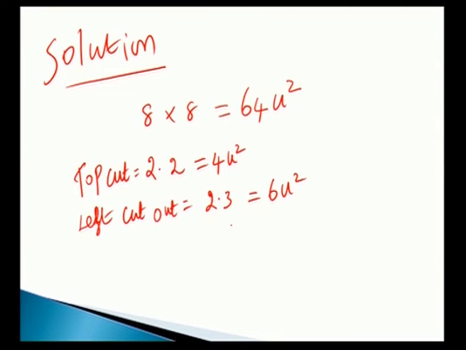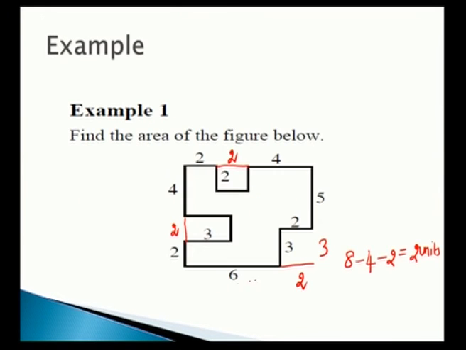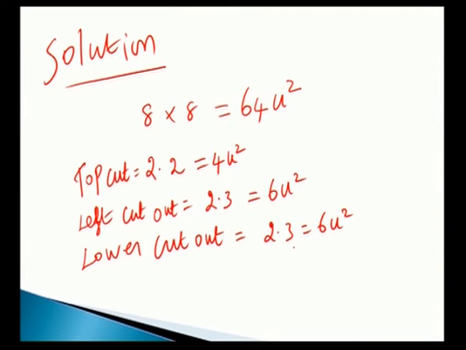Then lower cutout is equal to 2 into 3 is equal to 6 unit square. So lower one is here, this is 2 and this is 3. So 2 into 3 is equal to 6 unit square. So total area of the figure is equal to 64 minus 4 minus 6 minus 6.